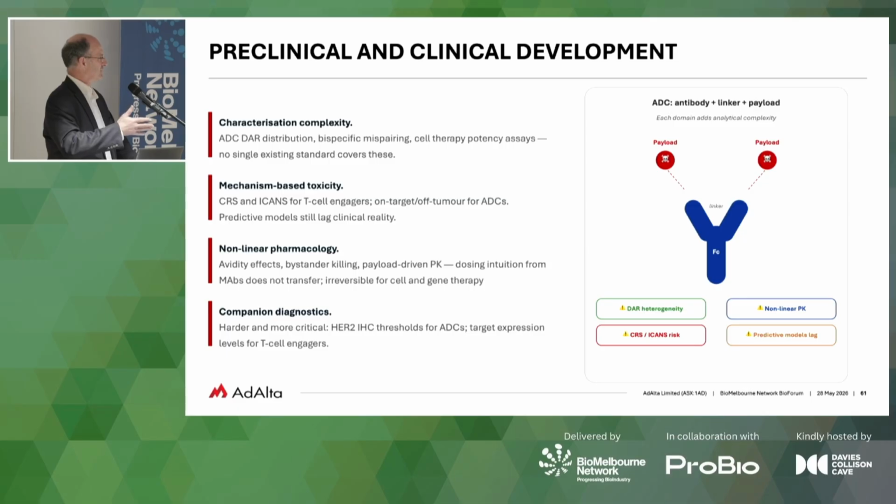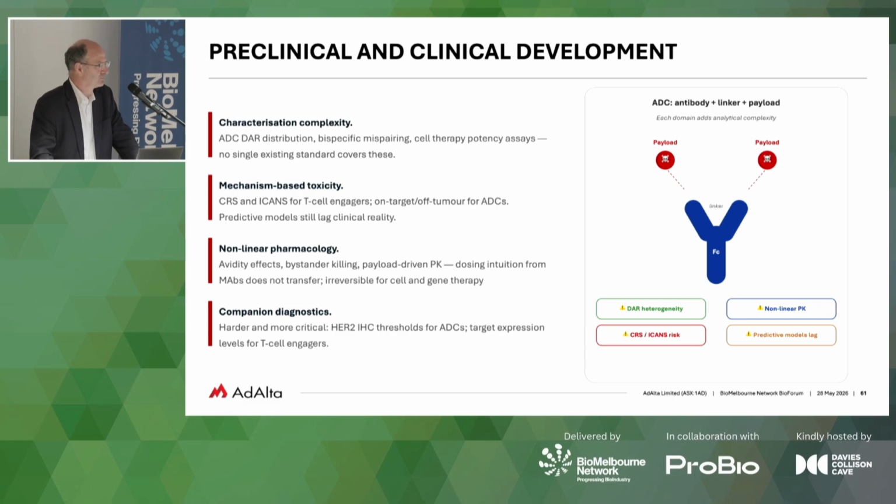It also makes it easier for you to move your production process from one site to another, because little things can change your DAR, can change the ratios of different components in your bispecific antibody, because at the end of the day, it can conjugate in all sorts of different ways. And that's really important because you have unintended consequences from some of those changes in distributions.